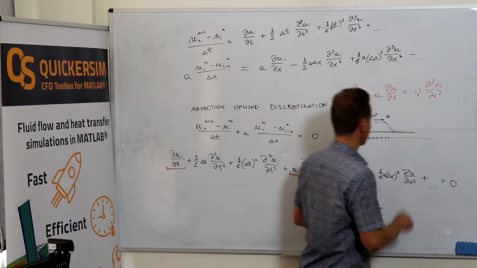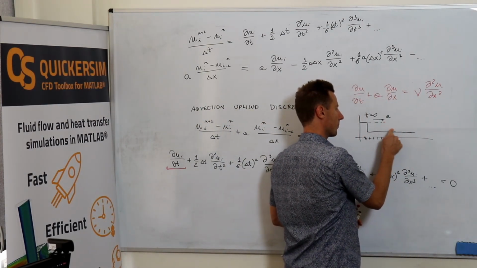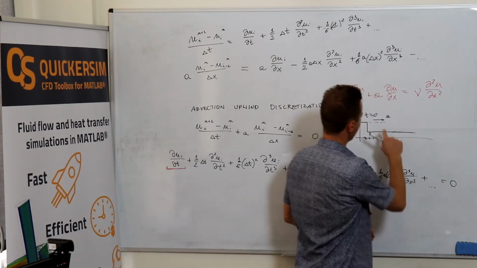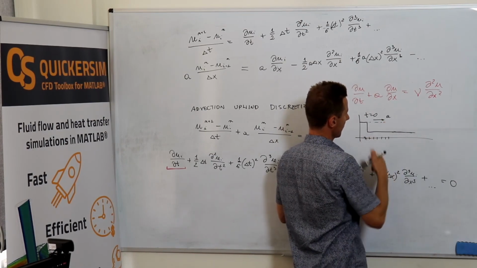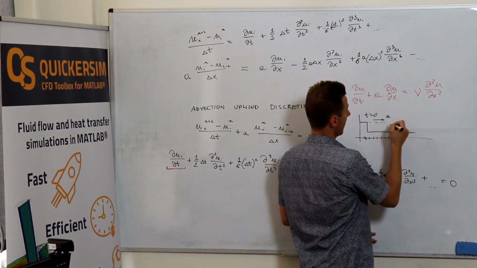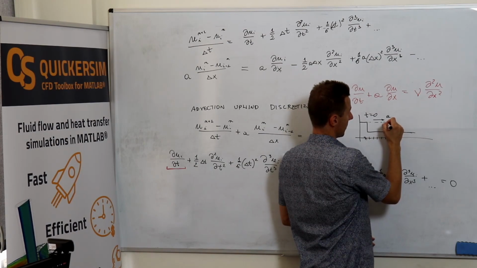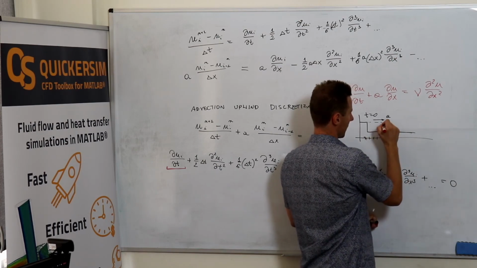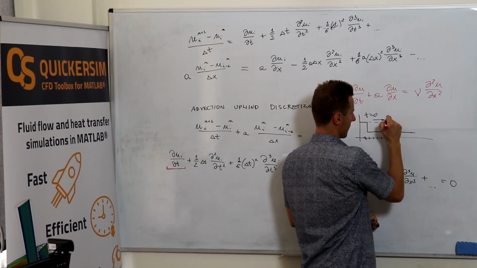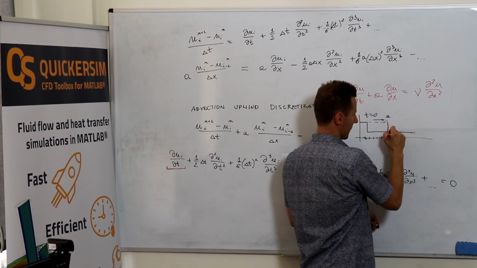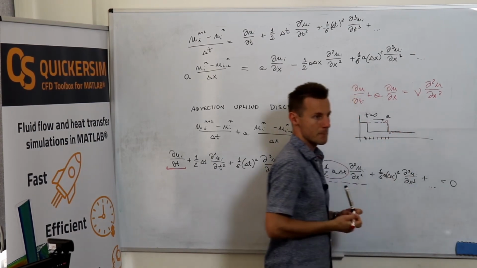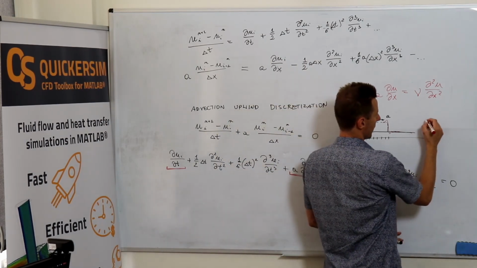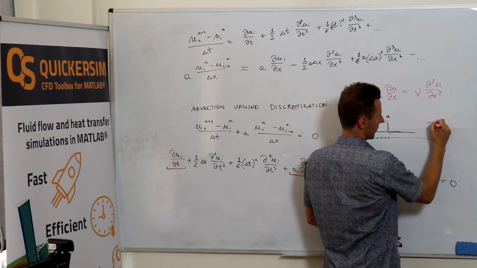Dispersion means that if you want to advect such an initial condition, then what you can come up with is not that, but maybe something like this. And if you wait a bit longer, then you can even end up with something more.